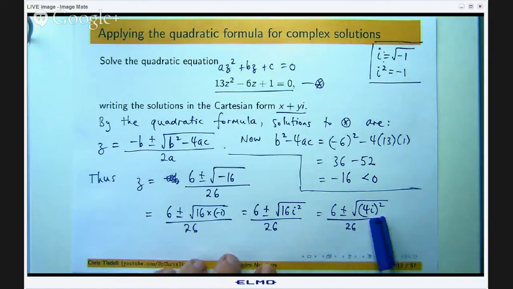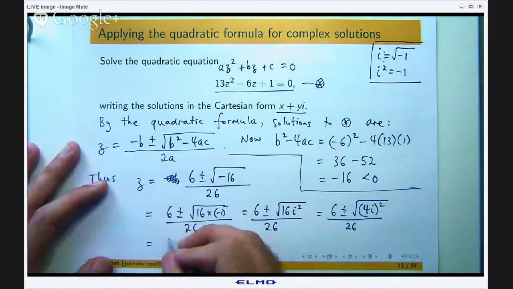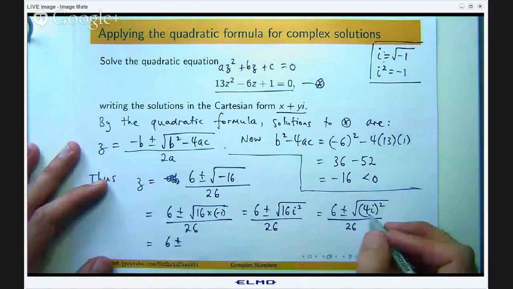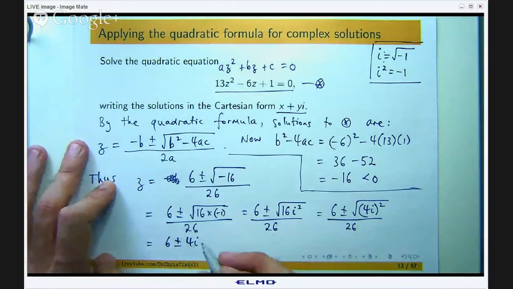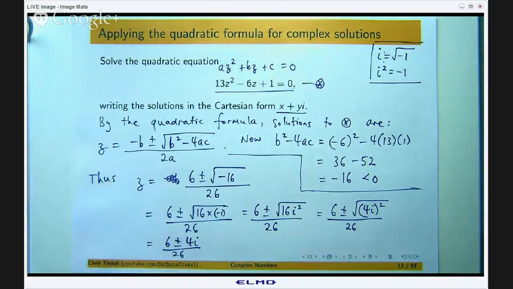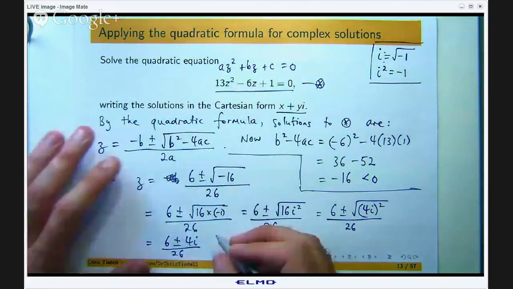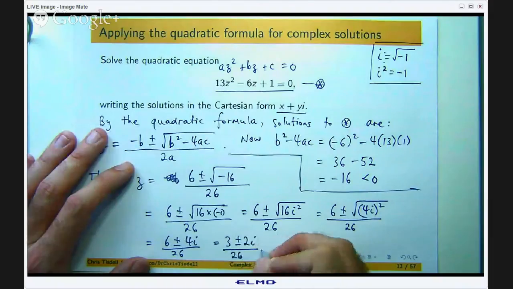So now what I have here is the square root of a square. So the square root and the square will cancel out, and I'll be left with 6 plus or minus 4i all over 26. And then I can basically divide by 2 in top and bottom. So that would be something like 3 plus or minus 2i all over 13.